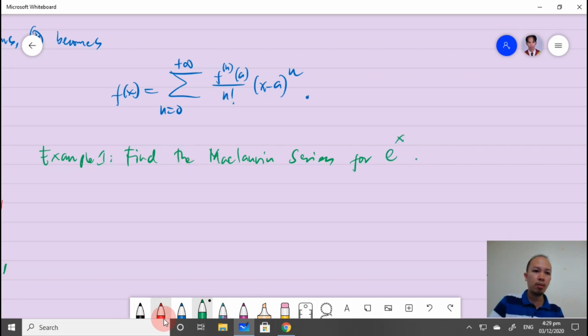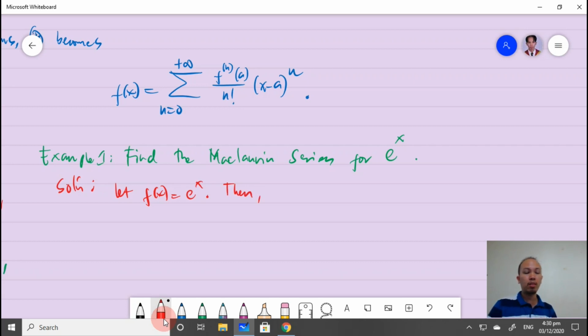Okay, so this is our solution. First we have to let f of x be e to the x. Then we have to get the derivative of all orders.